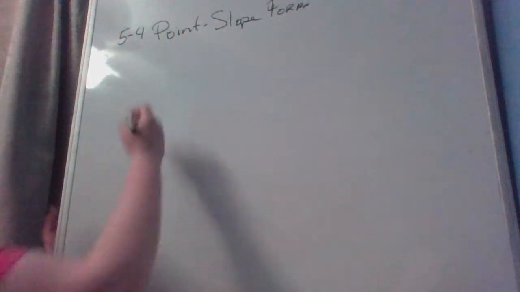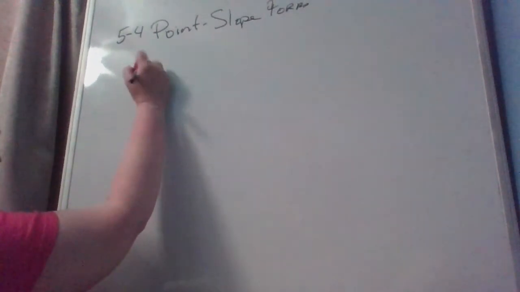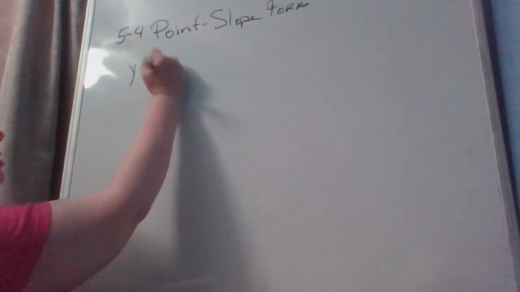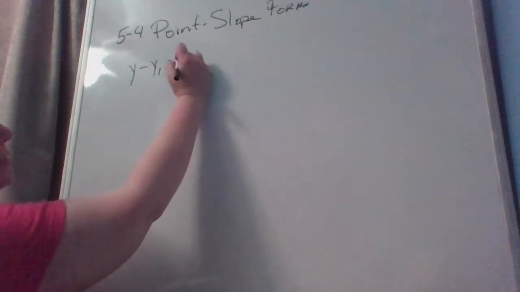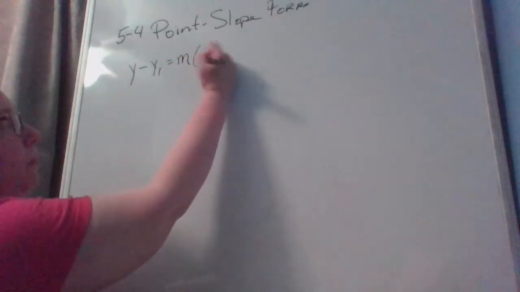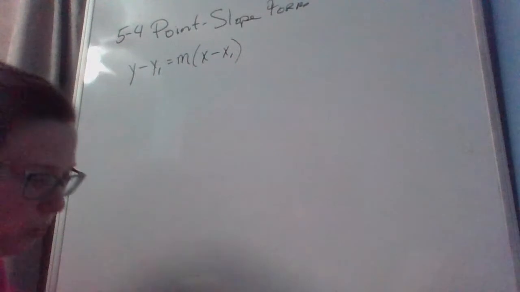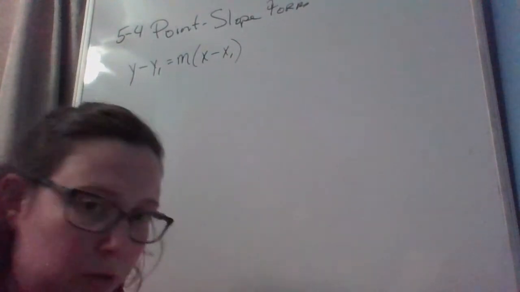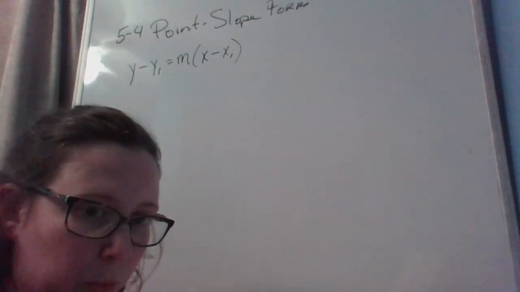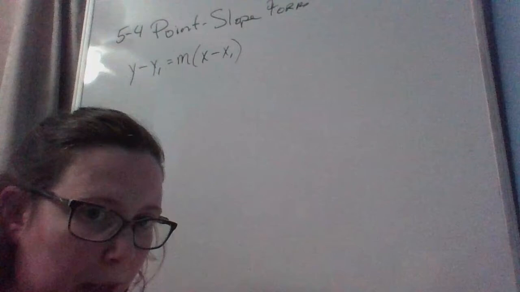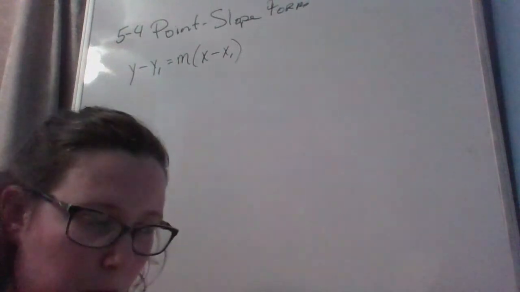When you're talking about point slope form, you're going to have y minus y1 is equal to m times x minus x1. Now, I'm sure you notice that we have x, we have y, and then we have x1 and y1.